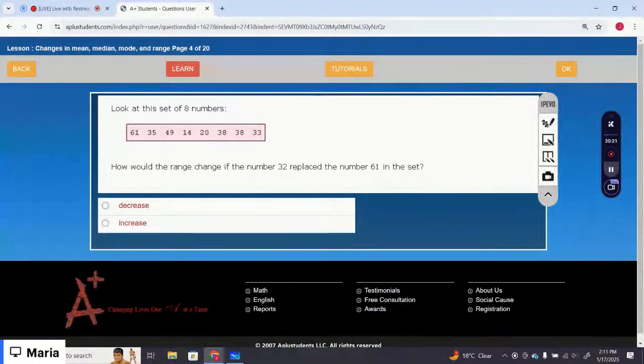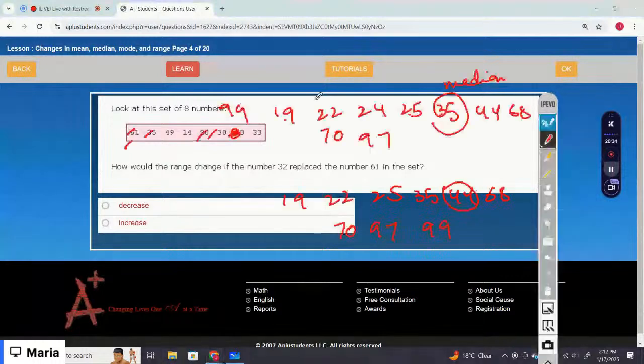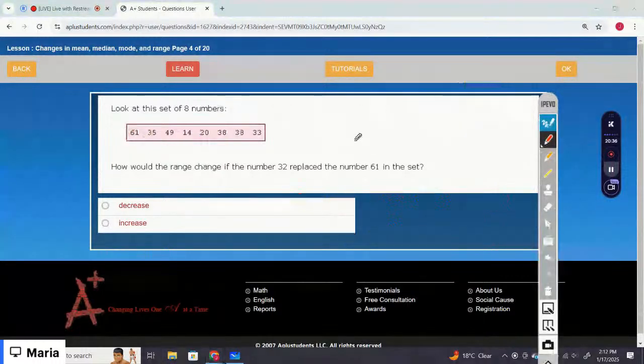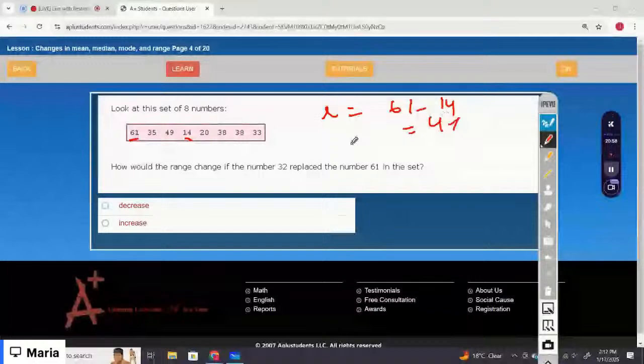Look at the set of 8 numbers. How would the range change if the number 32 replaced by 61 in the set? Let's just calculate the range as it is, right? The range is the difference between the smallest and the greatest number. The smallest number is 14. The greatest one is 61. 61 minus 14, that is 47.